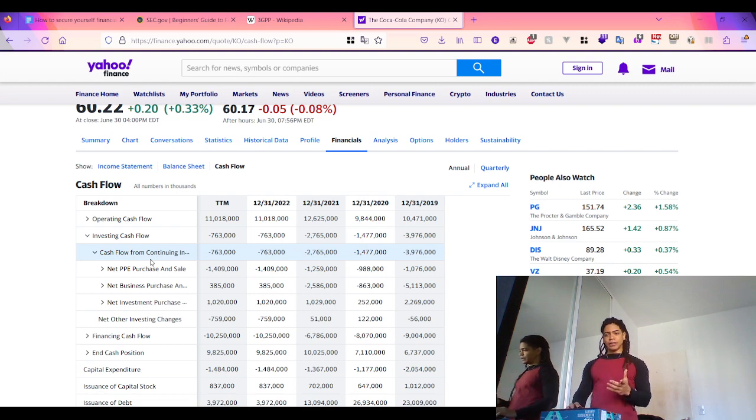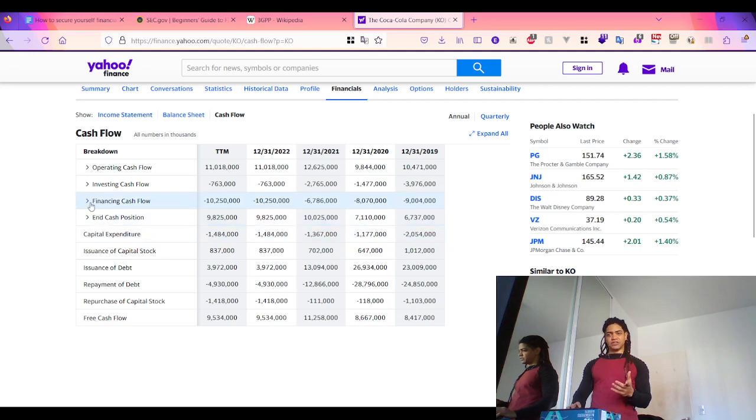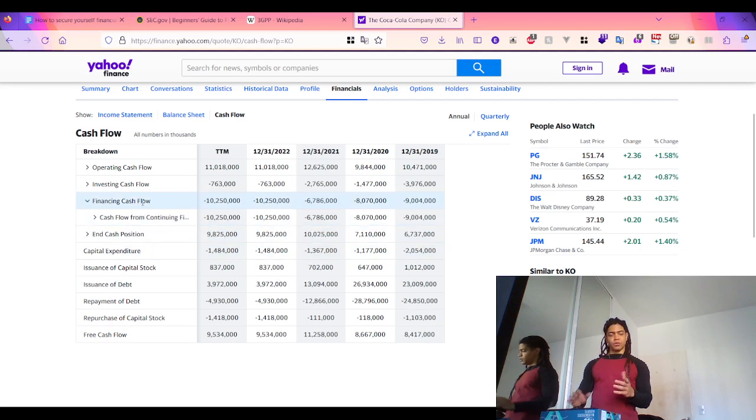And then I look at the financing cash flow, okay? Which is the third part of the cash flow statement. So this section, according to Investopedia, focuses on how a company raised funds and paid back creditors or investors through market capital. So financing activity involves the company's long-term liabilities and equity.